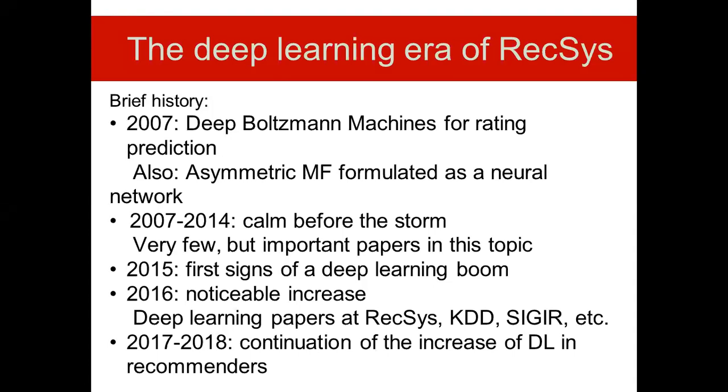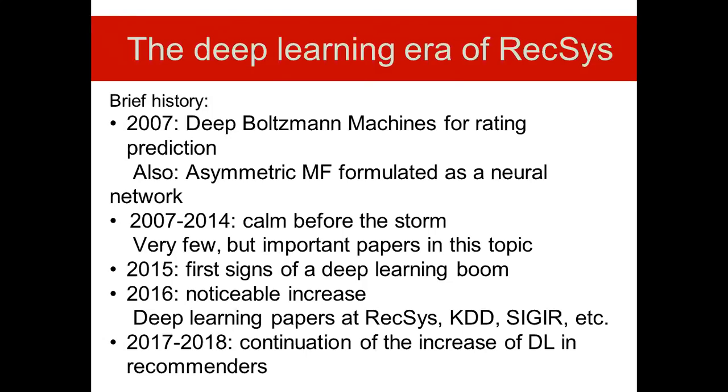But after that, there was very little work in this domain between 2007 and 2014. As deep learning gained traction in other domains, starting from 2015 and 2016, we have seen a noticeable increase of deep learning papers in the research communities.